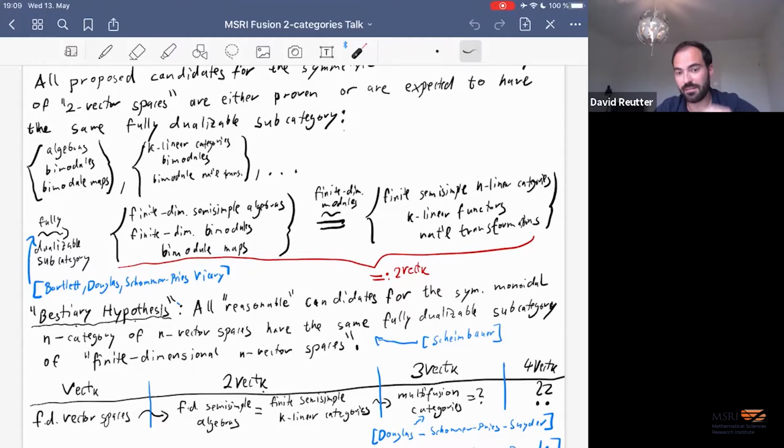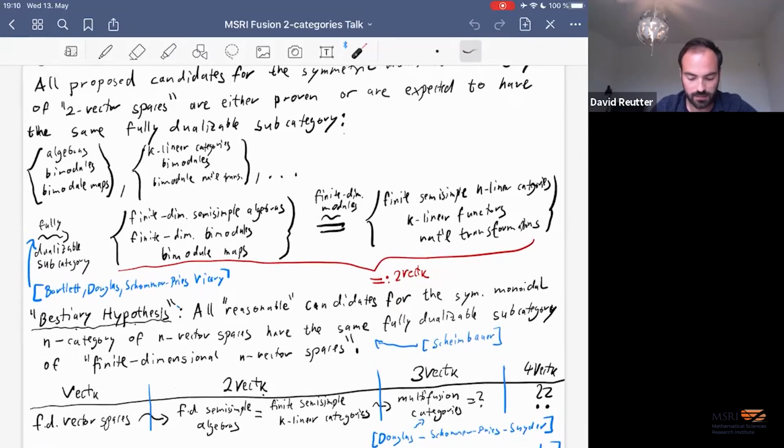Well, something that was proposed, and we'll later see reasons why this is a good definition, is the 3 category of multifusion categories. This 3 category was constructed and proven to be fully dualizable in this paper by Douglas, Schommer-Pries, and Snyder. And what I'm going to talk about in this talk is what's the correct candidate for this slot here. What's a good notion of fusion 2 category, which could fit into this slot.